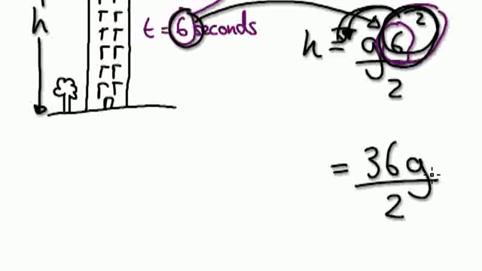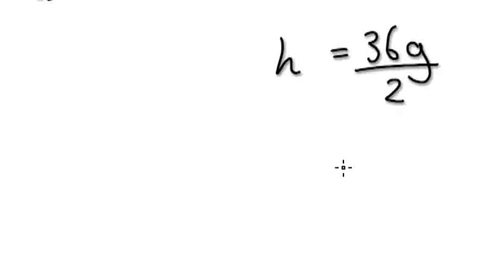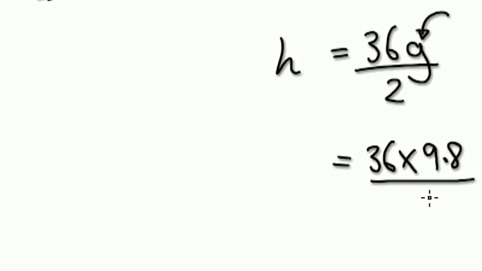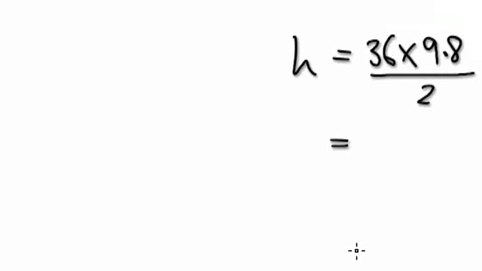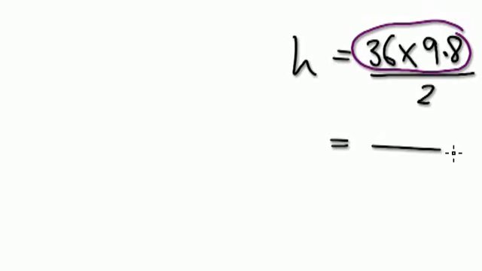So it would be 36g over 2 equals h. g on Earth is 9.8, so let's put the 9.8 into the g. So it would be 36 times 9.8 over 2. Let's work the top part out first.